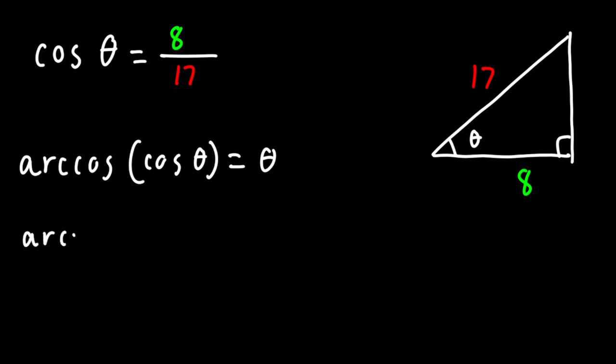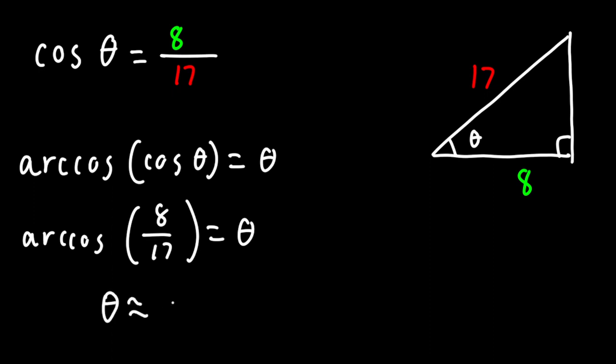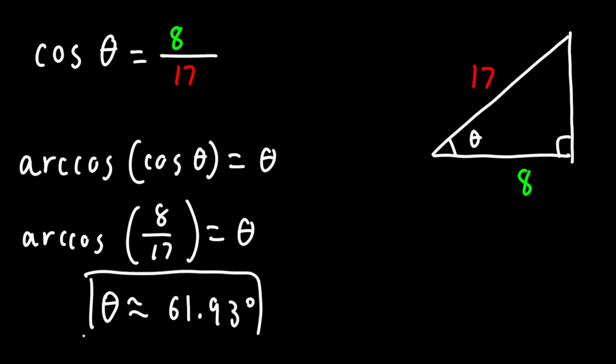So arc cosine of 8 over 17 equals theta. Now let's plug this into our calculators. Inverse cosine of 8 over 17. Theta is approximately 61.93 degrees. So this is your final answer.